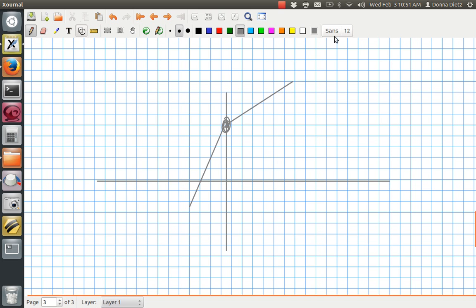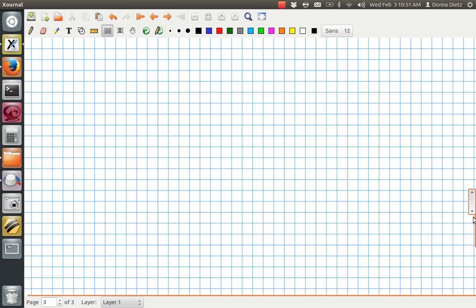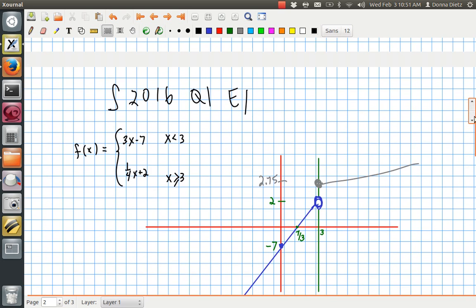So if there's a join point, you want to make it clear which side is steeper, or at least make sure that if one is going up and one is going down, you have them going in the right direction. So I'm not going to be that picky, but you should make it somewhat believable. Okay?